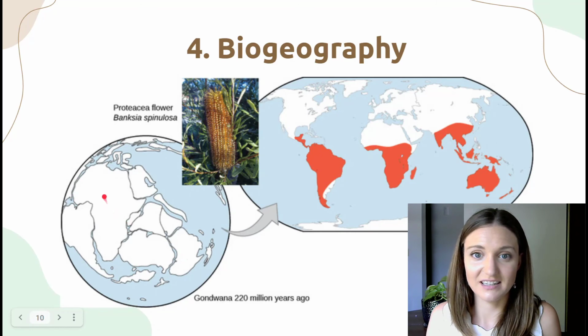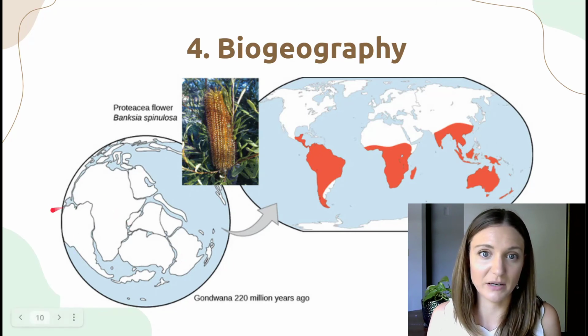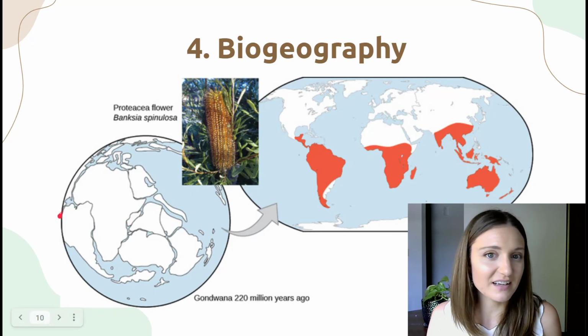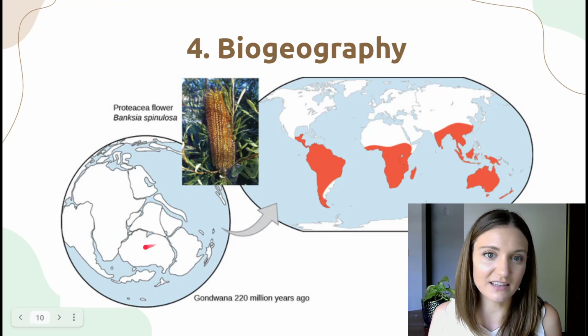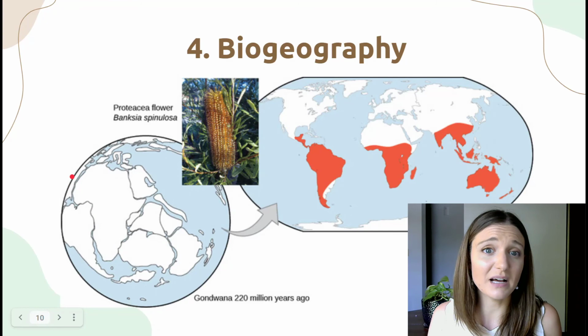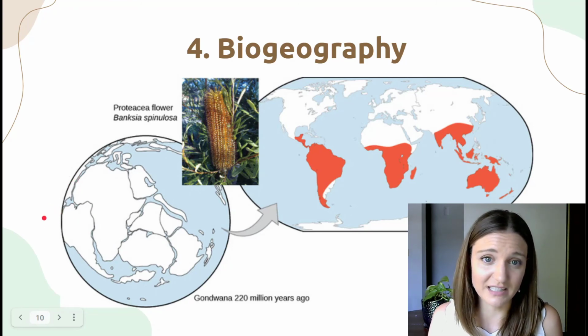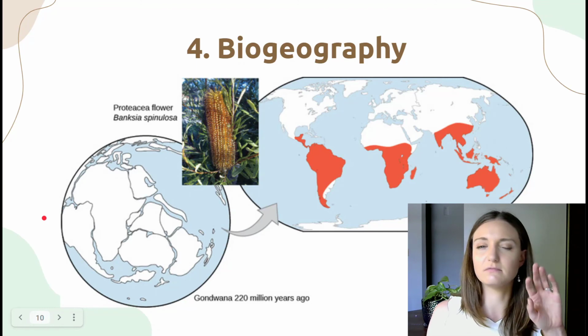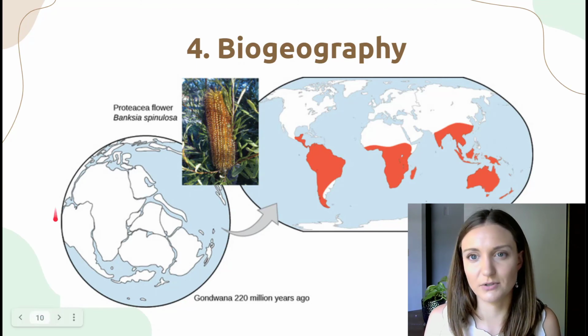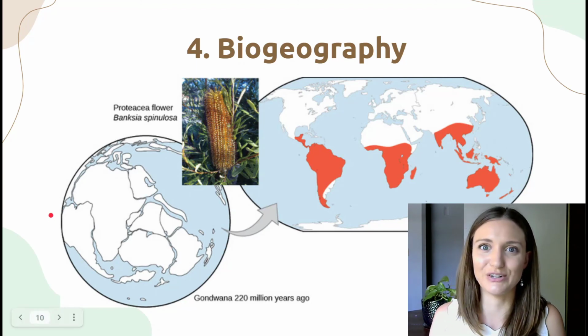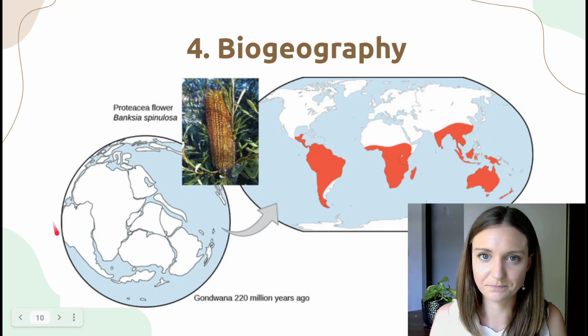Here's Asia, here's Australia, here's Africa, here's South America. And South America and North America aren't really connected yet. Okay, so there's that little bit of connection, but it makes sense that we wouldn't find them in North America today, because in this current orientation, North America and South America aren't really connected together, per se, right? So they would have some sort of barrier to their being distributed in North America.